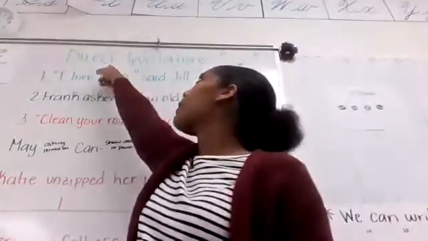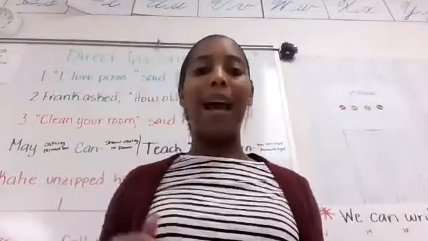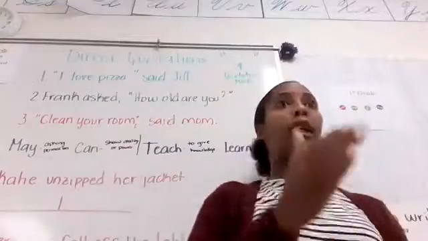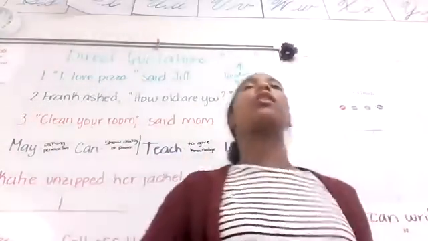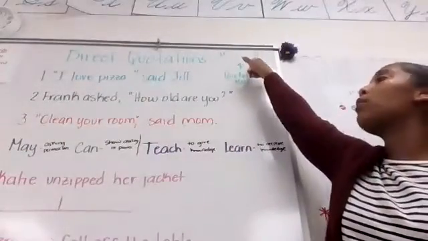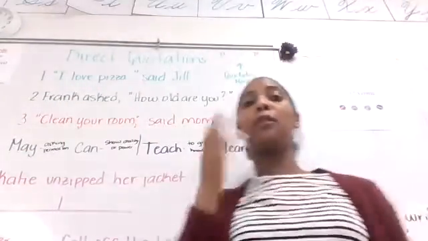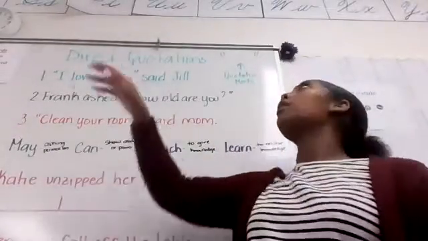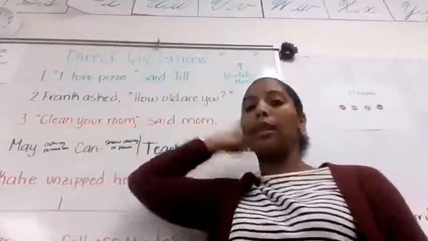Direct quotations mean the exact words someone is saying. So if someone is talking directly, it's called a direct quotation. We put the quotation marks only on what they are saying. If you're speaking to someone directly and they say something, it's called a direct quotation, and you'll put quotation marks to show, and I'll show you in the sentences.